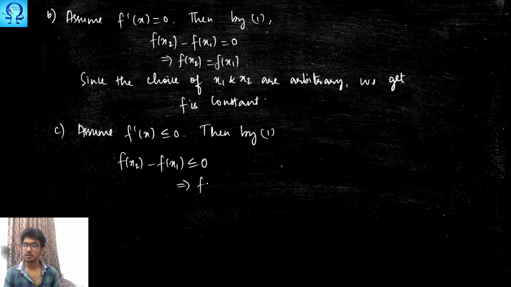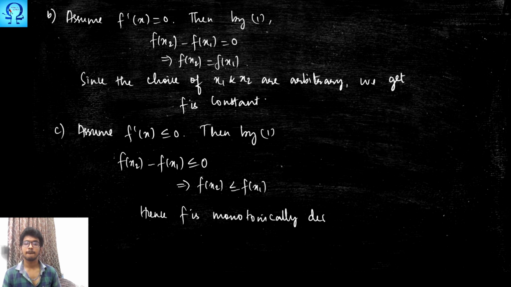This gives me that f of x2 is less than or equal to f of x1. So we get the reverse inequality, hence f is monotonically decreasing. And this completes the proof.